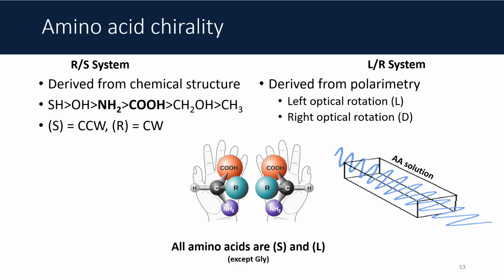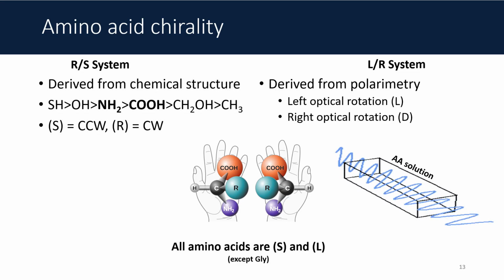Let's recall that the alpha carbon of an amino acid is tetrahedral. That means it's a potential stereocenter. This leads us to maybe ask, are amino acids enantiopure, or do they exist as racemic mixtures? There are two ways we can investigate this question. First, let's throw back to the Cahn-Ingold-Prelog rules from Orgo 1.